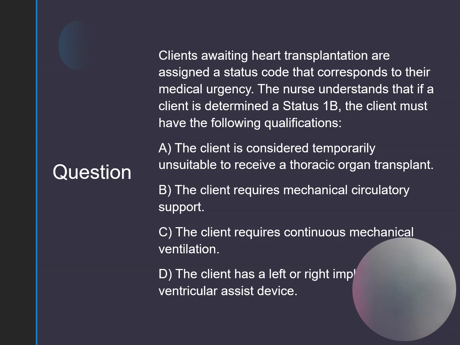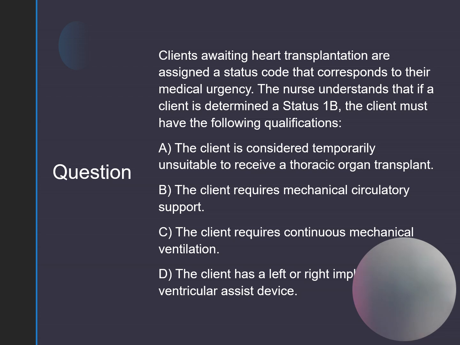The nurse understands that if a client is determined a status 1B, the client must have the following qualifications. The client is considered temporarily unsuitable to receive a thoracic organ transplant. The client requires mechanical circulatory support.